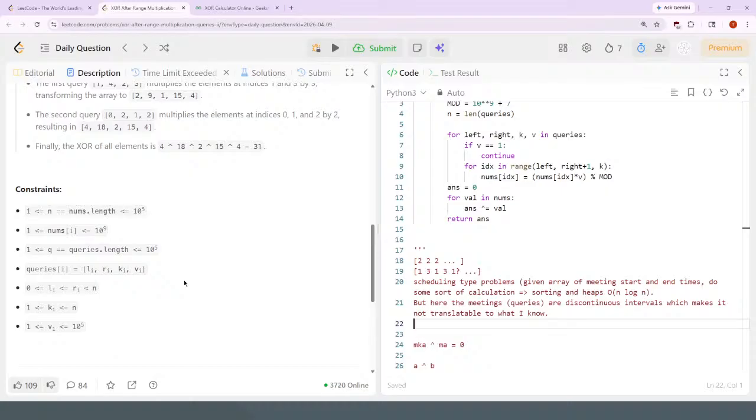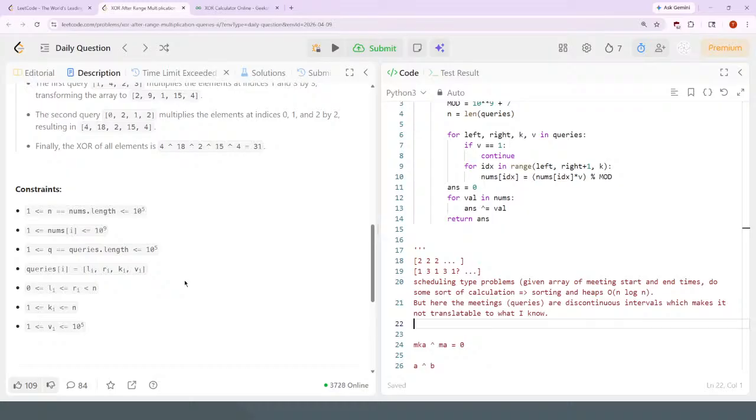So if I had a heap of queries, can I pull out the lowest query and then push it back in if it's not done? I feel like that would be O of n squared.